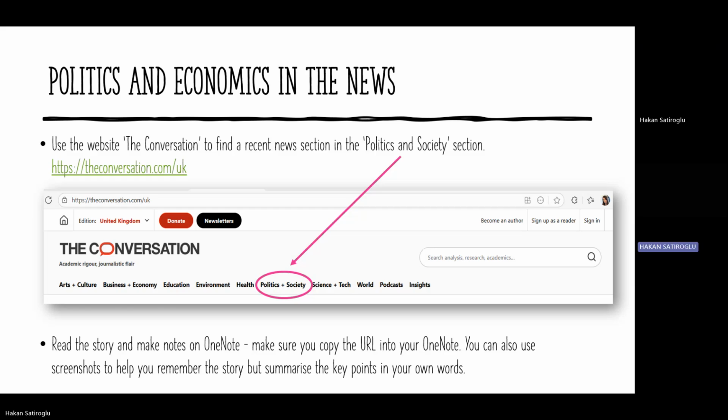You can also screenshot it, but summarizing the key points in your own words is important, because otherwise it will create plagiarism, which you may not wish to see in your assignment, a high similarity rate.